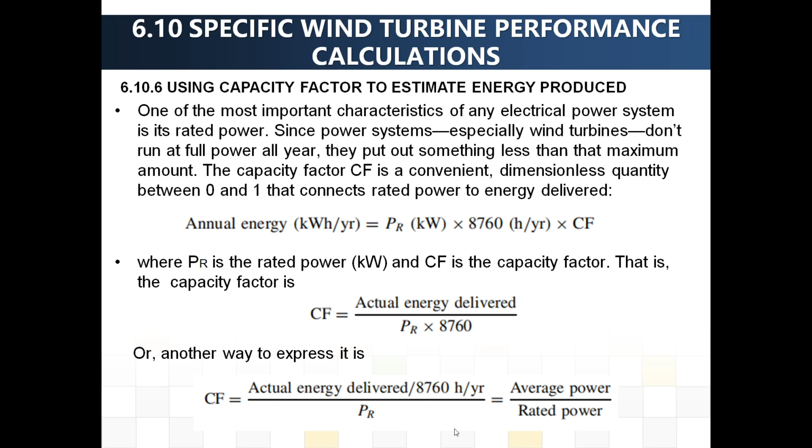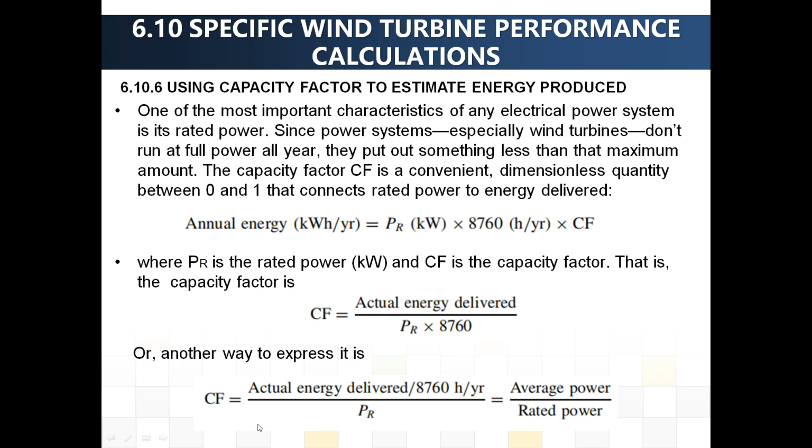The annual energy is equal to the rated power PR multiplied by 8760 multiplied by the capacity factor. The capacity factor is therefore equal to the actual energy delivered divided by PR multiplied by 8760.